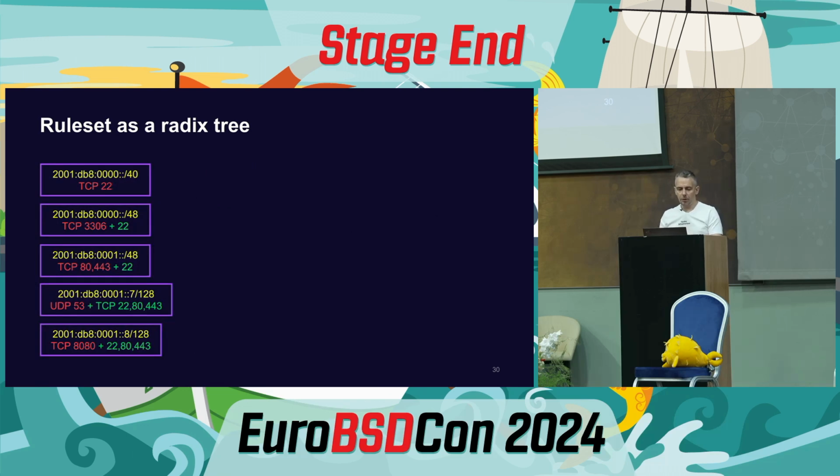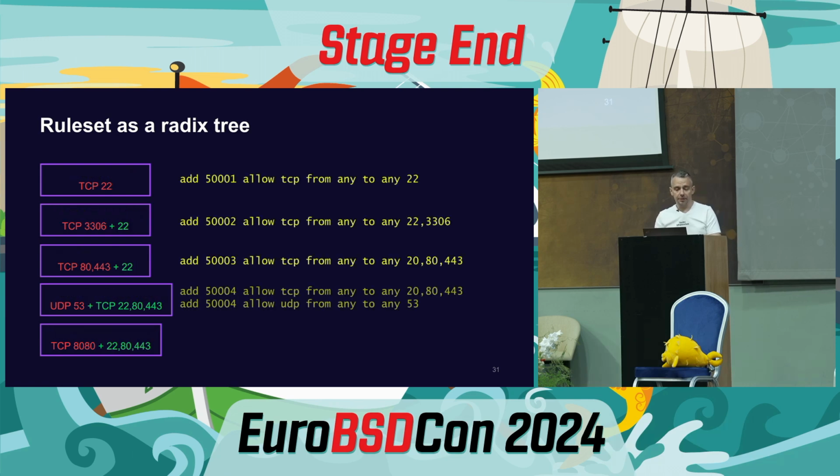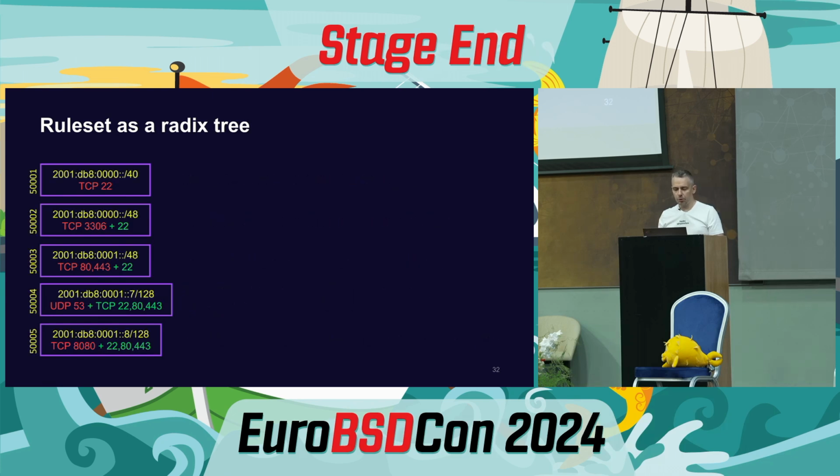First thing, we're going to strip out the prefixes, and we are going to rewrite the protocol and port check without any IP addresses. We number them, so we make an index for that. And this allows us to create a user table.